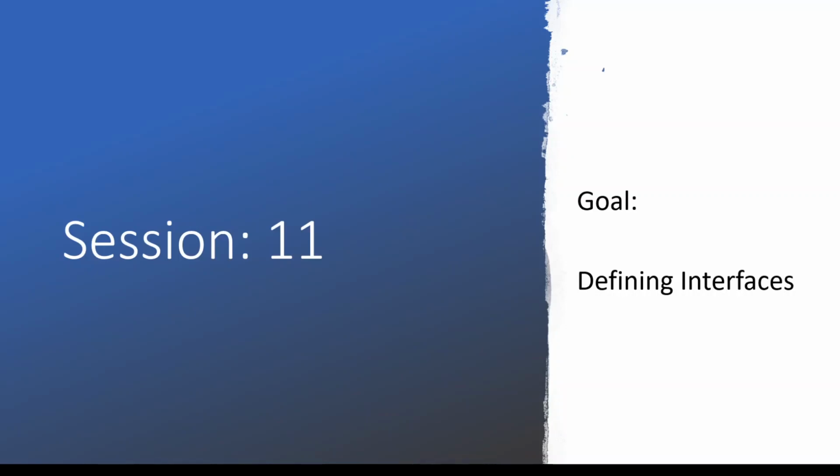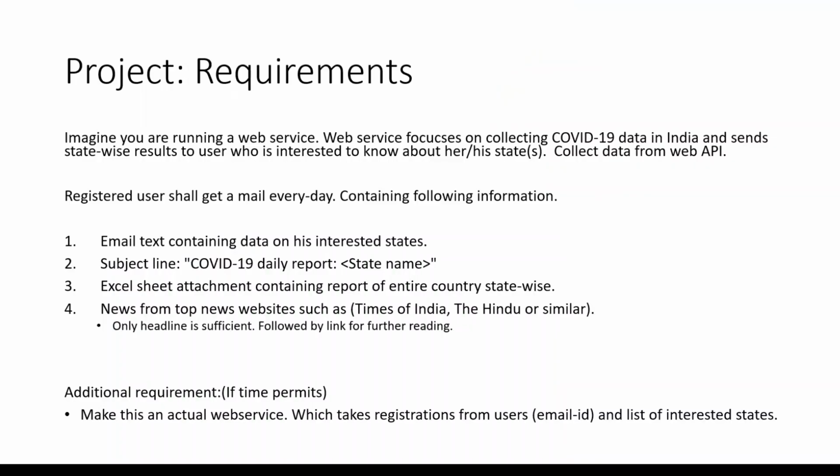That is, yesterday we discussed a problem statement for a mini project where we take some input from somewhere, from a web API, and then write some code to make a kind of subscription project.